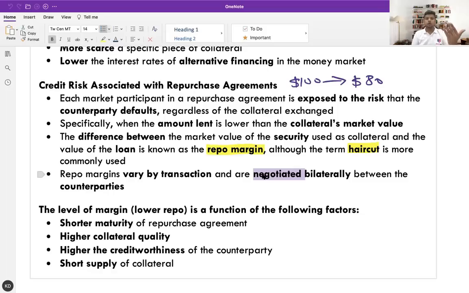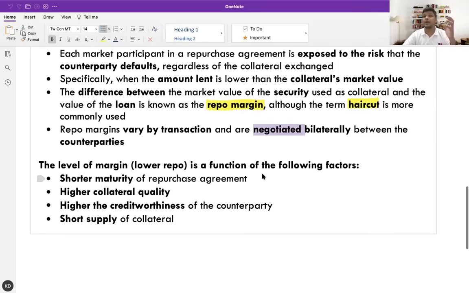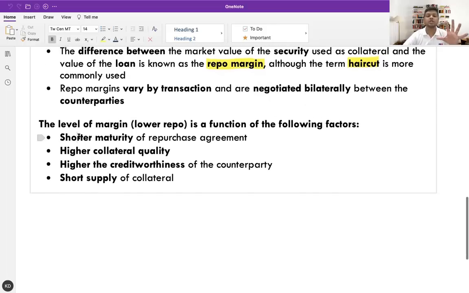So in what case will you be comfortable giving more margin? Listen to me carefully: in what circumstances is the lender willing to take more risk? The level of margin is a function of the following factors. Shorter maturity: if the maturity is for less duration, then I'm okay with giving you more margin. If the quality of collateral is high, if the creditworthiness of the borrower is very high, and if the collateral is very rare or scarce in the market, in such a case the lender is willing to give a higher margin.